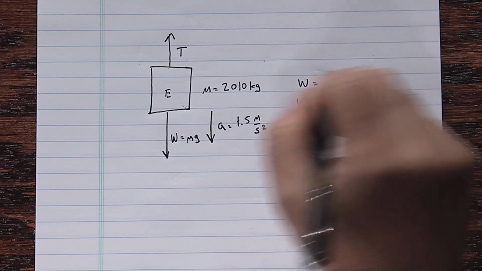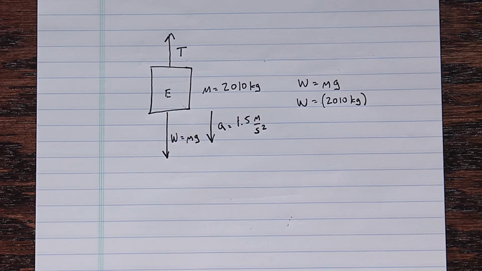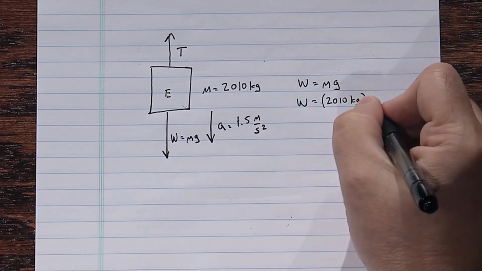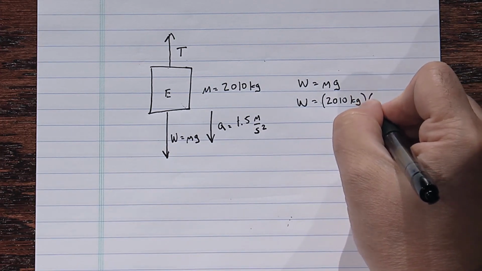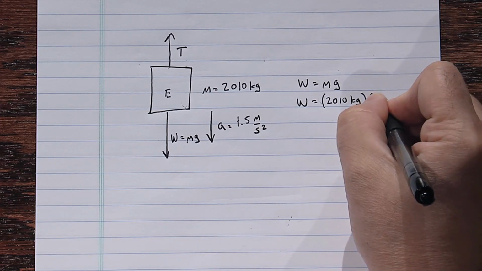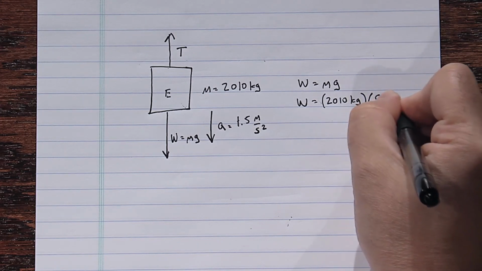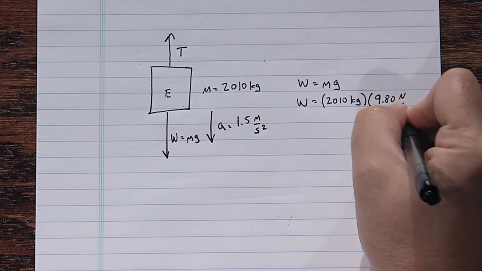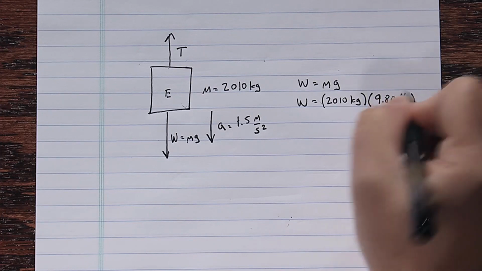Now I'm going to keep my units in here for this first exercise because there's an important point to make about the units of acceleration. Times g, which is 9.8 newtons per kilogram.